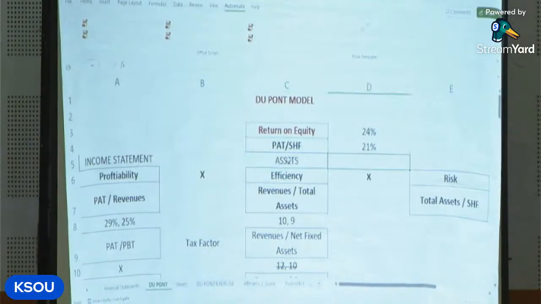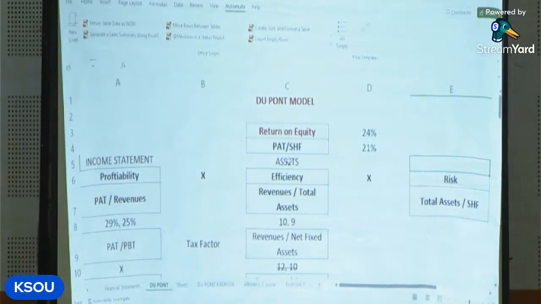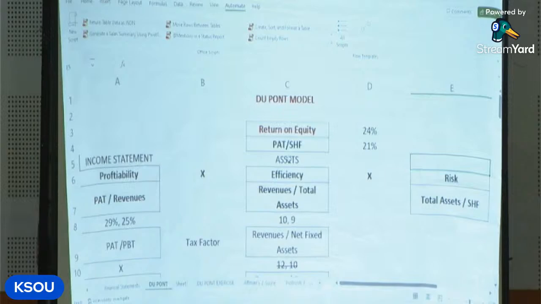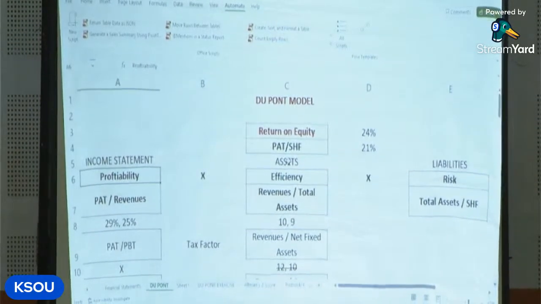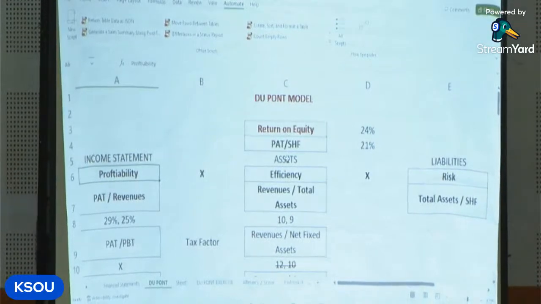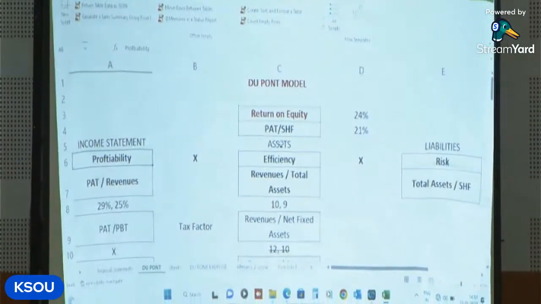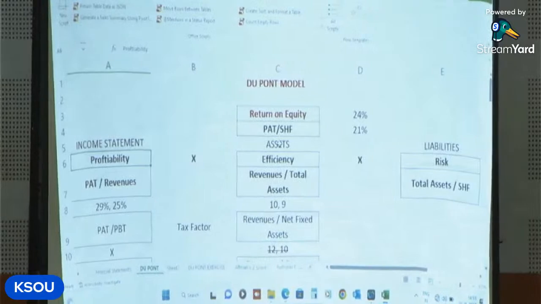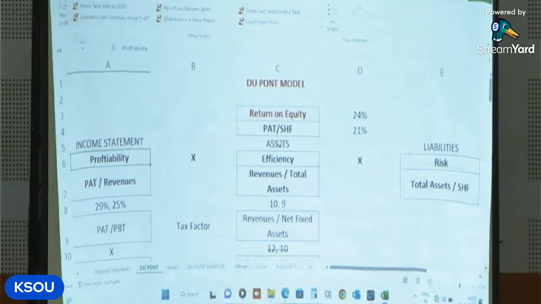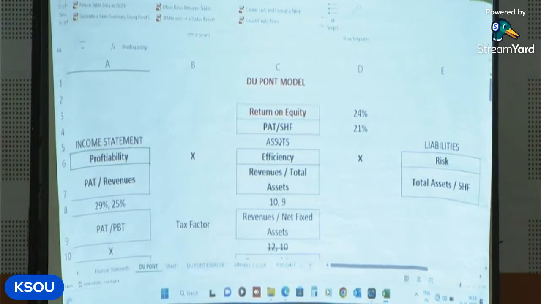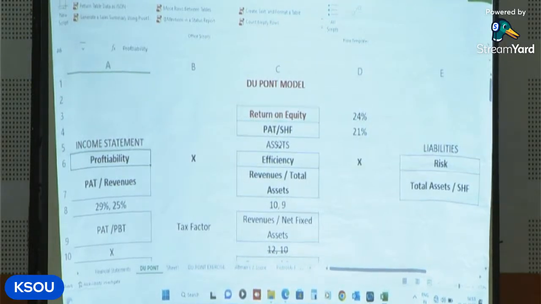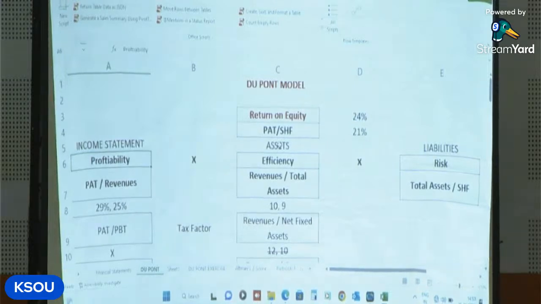Relates to assets. Risk means what? Financing, which we find where? Entire financial statements, friends, is captured in ROE. Correct? Whatever we have in income statement, asset side, liability side, is now getting synergized, getting converged into one number, one ratio called ROE.